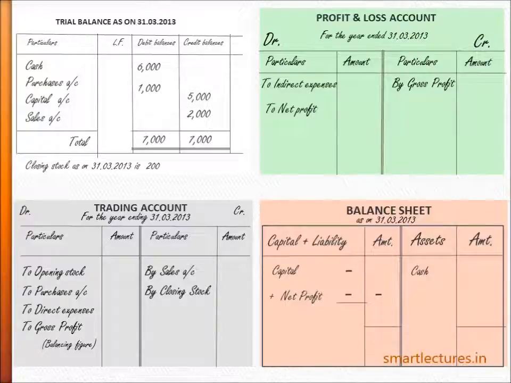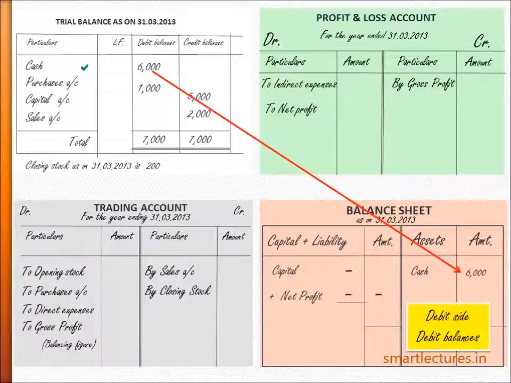Now, let's take the items one by one. In the trial balance, cash is 6,000 rupees. You know, cash is our asset, so it will be taken to the debit side of balance sheet because it's a debit item of trial balance. So again, I'm going to repeat, there is no debit side or credit side of balance sheet. Just for the convenience, I'm going to assume that asset side is the debit side.